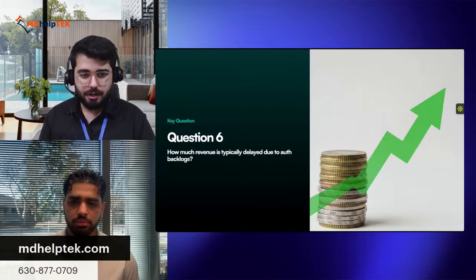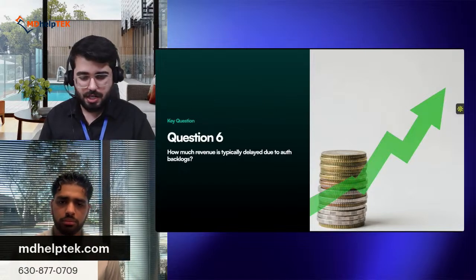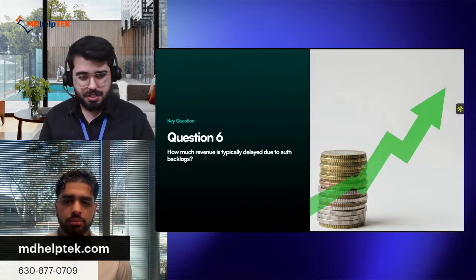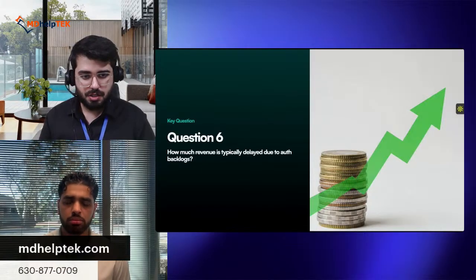If the authorization is delayed, let's say for example the patient is scheduled on Friday, the 20th of February, and you are submitting the authorization today, the 18th, or tomorrow, the 19th, the insurance will not approve the authorization in 2 days because the expedited turnaround time is 72 hours.